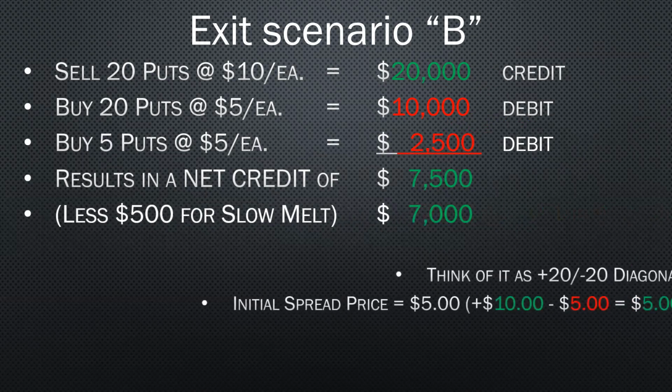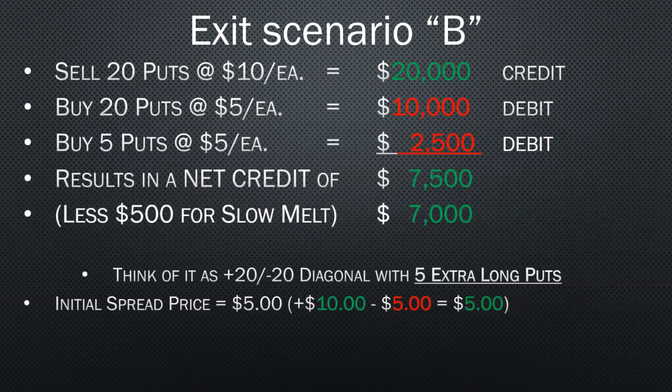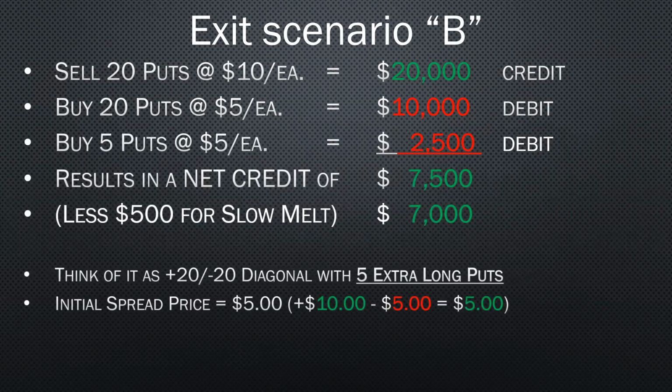I want you to think of it, though, as a diagonal with 5 extra long puts in this scenario. We're not going to try and just get out of the entire trade. We're going to want to keep some or all of those 5 extra long puts. Now, in this scenario, this would be if you felt that there was a higher possibility of a correction at some point in the future.